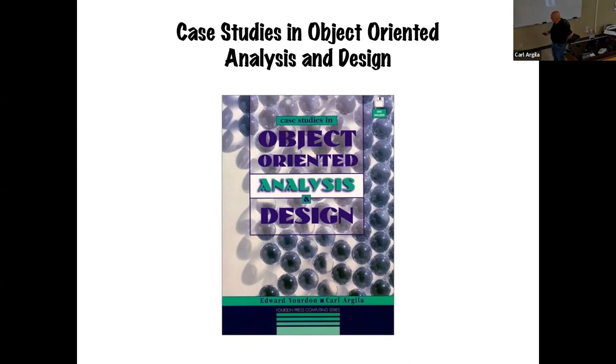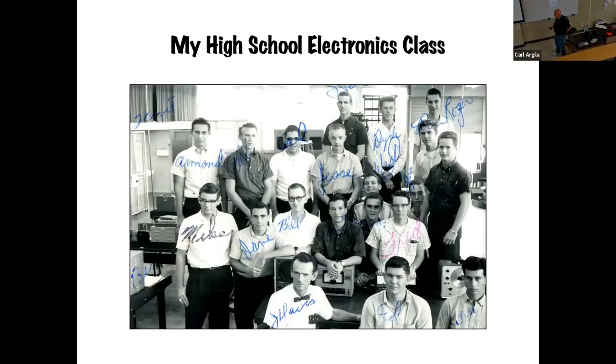In fact, like many of the students in my computer programming classes, I started programming when I was in high school. This is a picture of me in my high school electronics class, taken in about the year 1960.